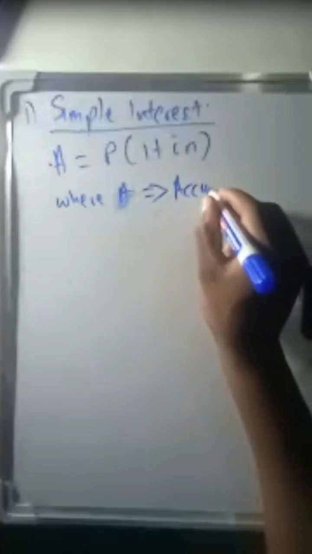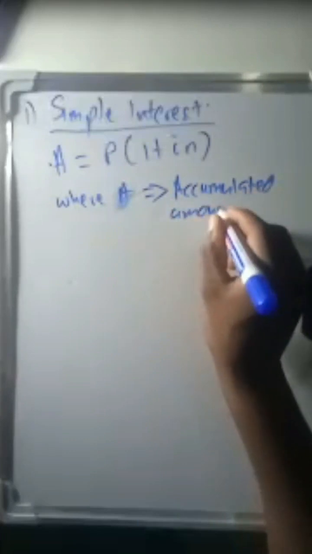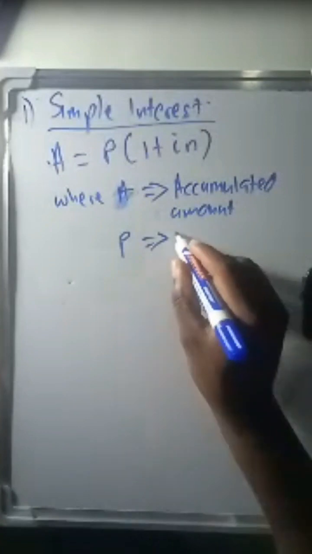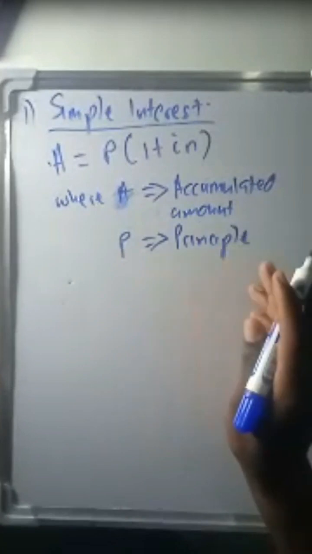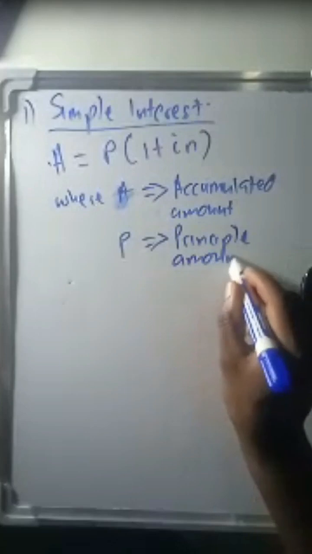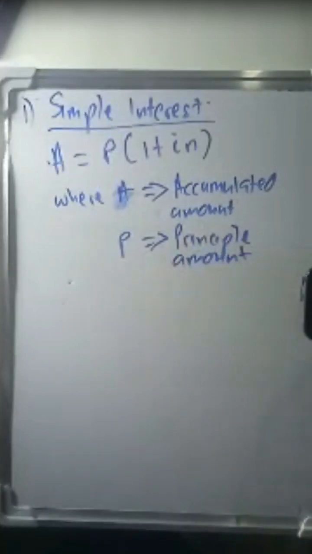A is, what is A? Who wants to tell me? Okay, accumulated amount. Then P, what is P? Principal amount, which is actually the initial amount or the amount invested.